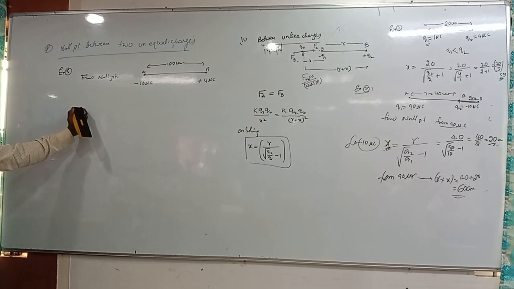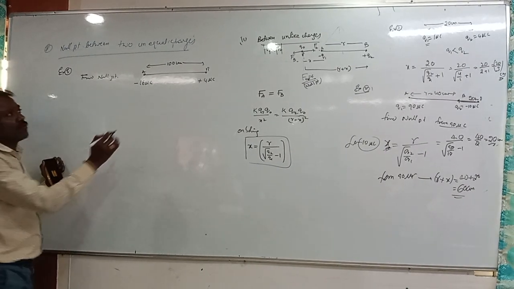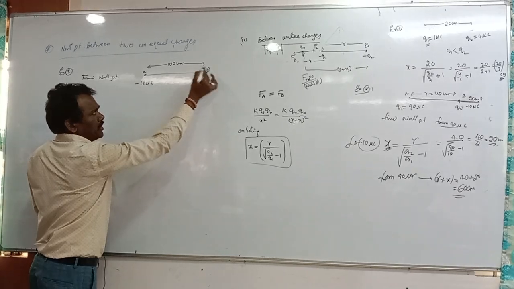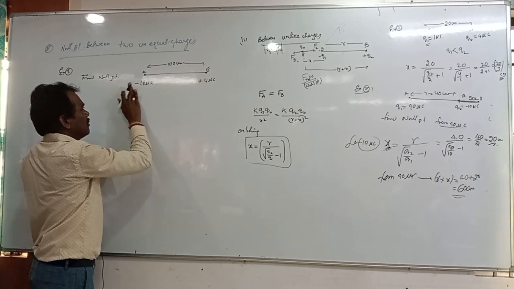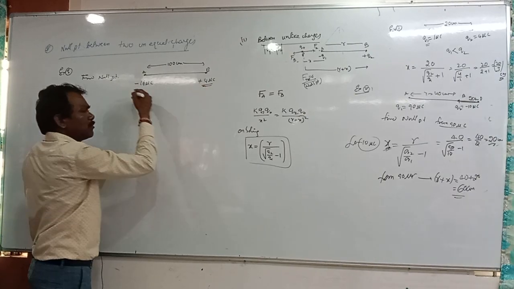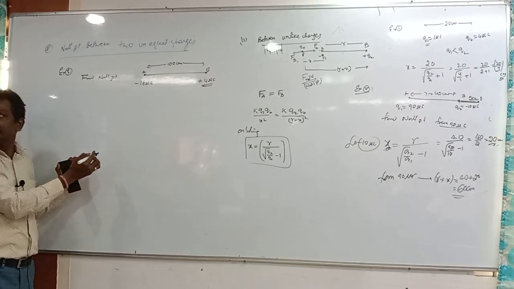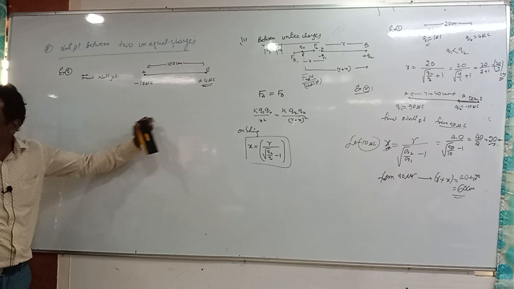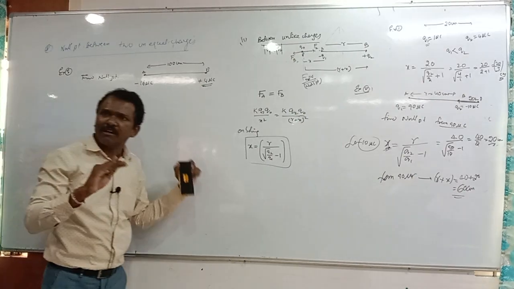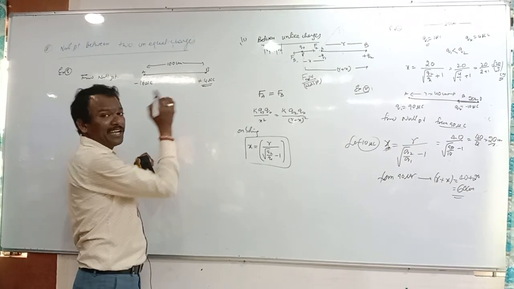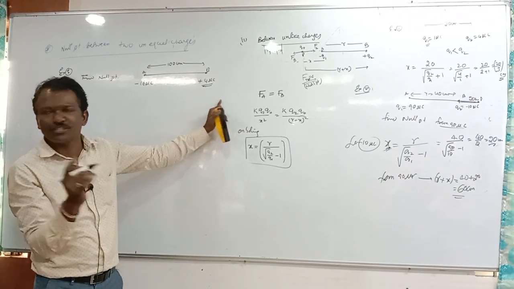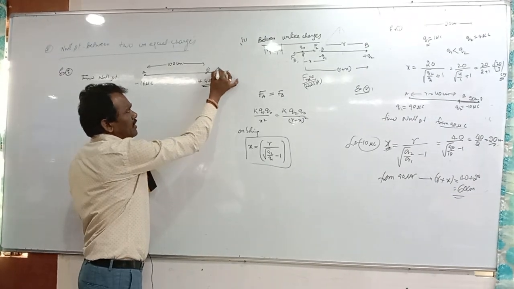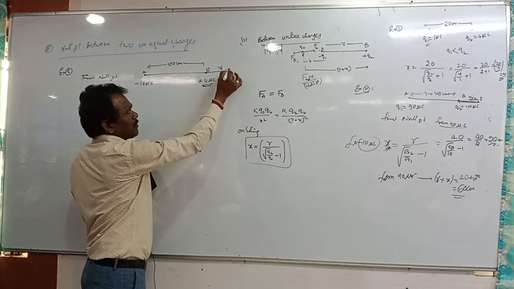See, first you find out from Q1 and Q2, whatever it is, from the 4 microcoulomb you can first find the x value. Where will the null point come first? Outside or inside? Nearer to the 4 microcoulomb, the smaller charge. This is outside, at distance x.